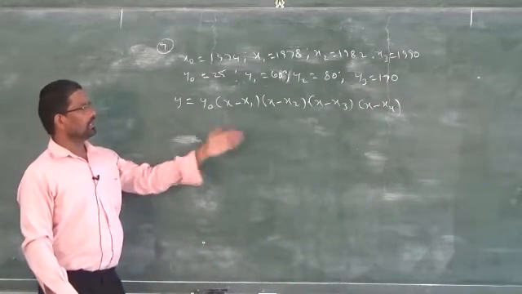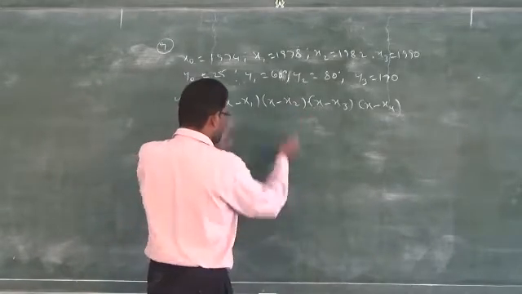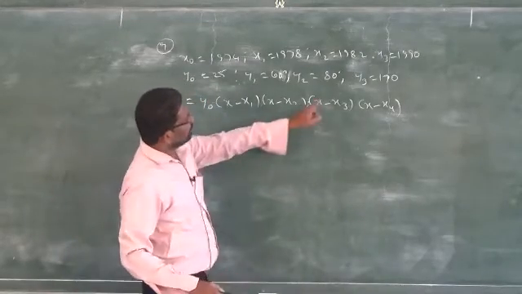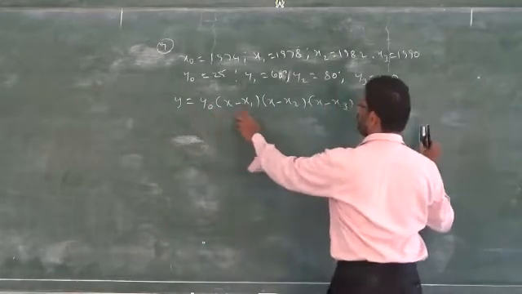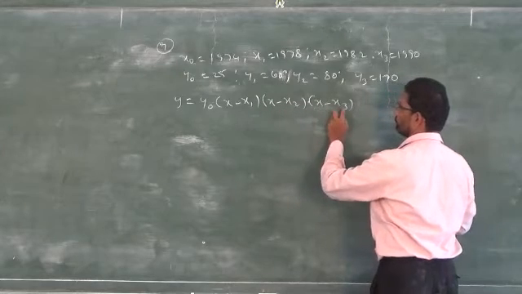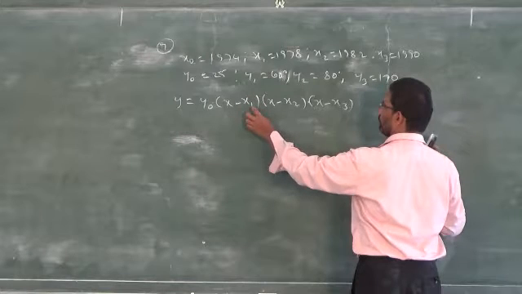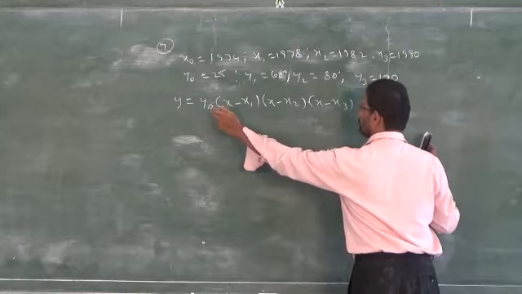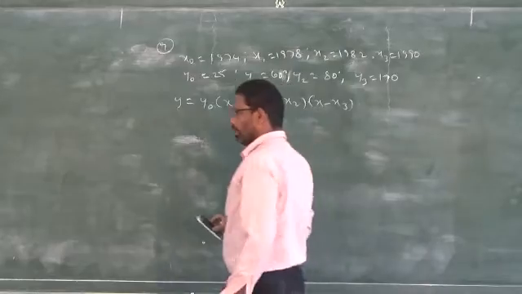Clear? If you write the general formula, that doesn't carry marks. What is required for the given question? You have to write only those formulas, they will give marks. Here the data is given up to X3, therefore you stop at X minus X3. If you start with Y0, ensure that there won't be any X0 in the numerator. If you start with Y1, then X1 is not allowed; you have to write X0, X2, X3. Depending on this, you leave the corresponding X value.